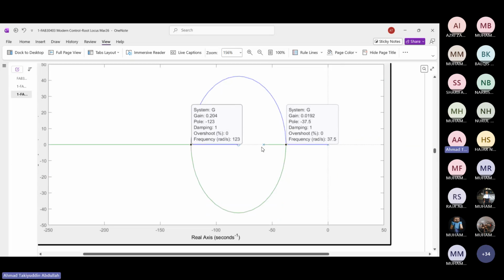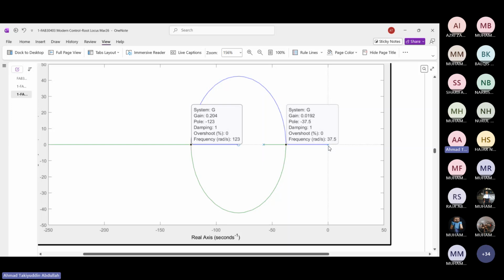What you have here is the point that represents the pole at 0. This is going to be pole at 0. Sorry, this is something to do with my cursor.